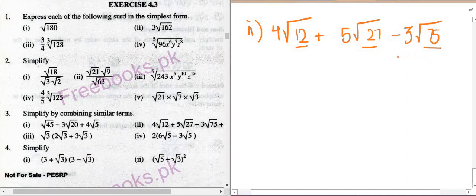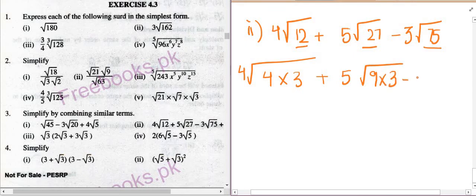These are all in the table of which number? 3. 12 is divisible by 3, 27 is also divisible by 3, and 75 is also divisible by 3. So we can use the multiples of 3 with this. 4 × 3 plus 27 divided by 3 is 9 × 3, minus 3. 75 is 25 × 3.